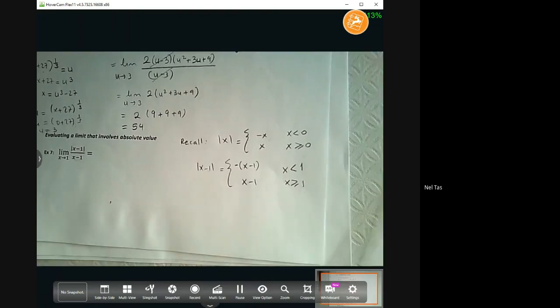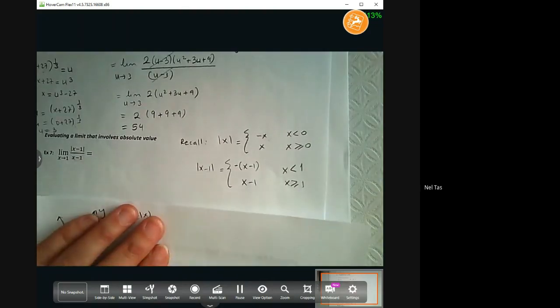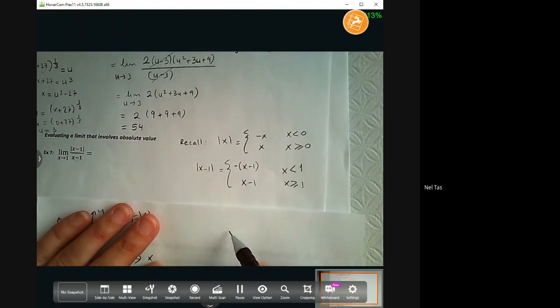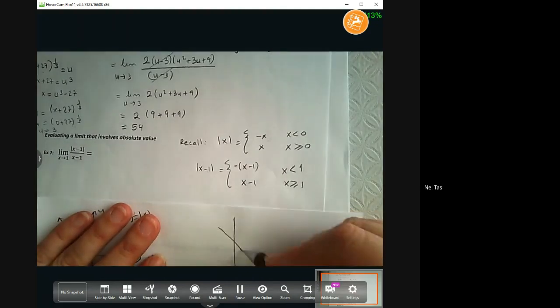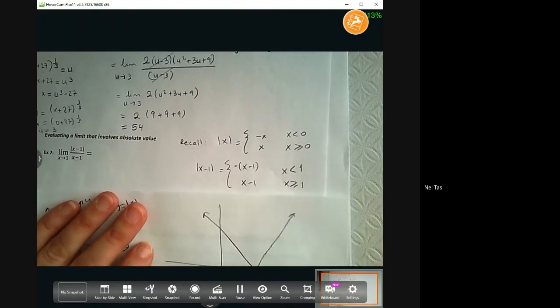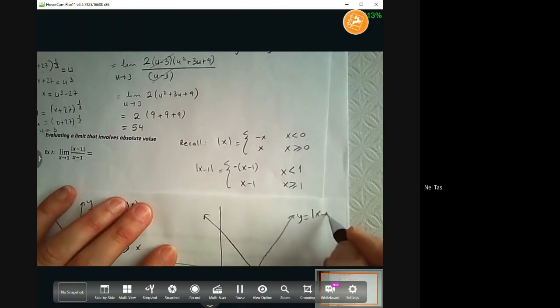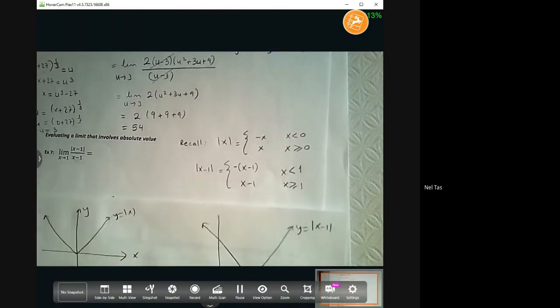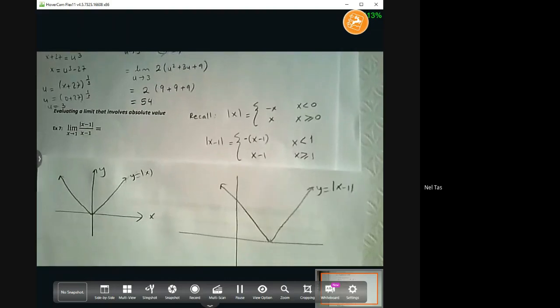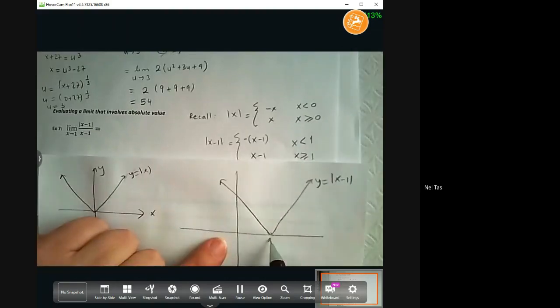If you look at this function, y equals absolute value of x minus 1, that is 1 here.